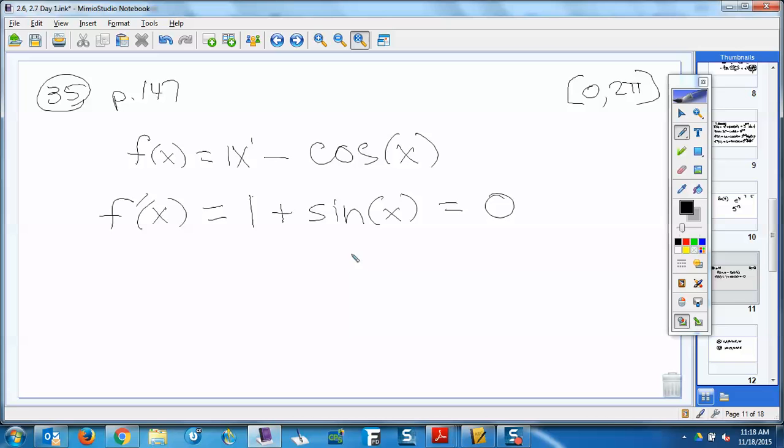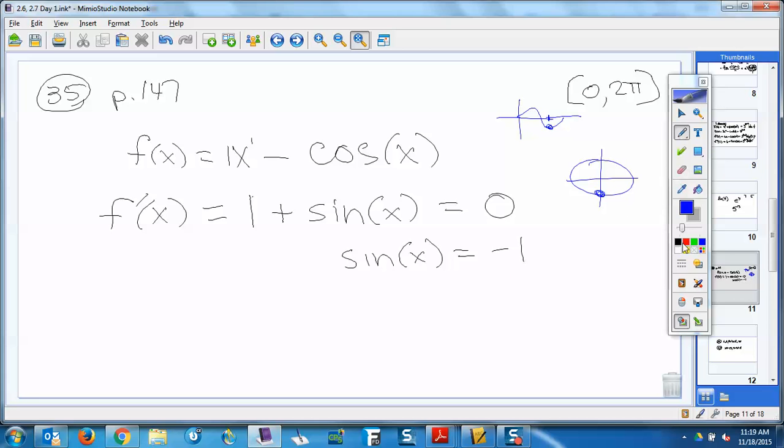So now you can see why we did that worksheet, right? Now we're solving these equations. So where does sine equal -1? On the unit circle, it would be the y value -1, which is down there. On the sine graph, it would be where does sine equal -1, which would be down here, which is at 3 pi over 2. Okay?